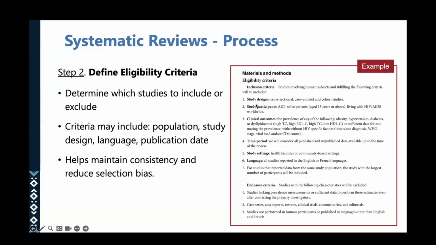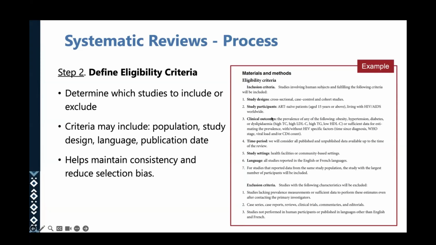And these are the different aspects that we considered for the inclusion criteria. The study design: we're interested in cross-sectional studies, case control studies, and cohort studies because they often provide baseline data for estimating a prevalence. And we also looked at ART-naive patients, that's age 15 years and above, living with HIV from any part of the world.